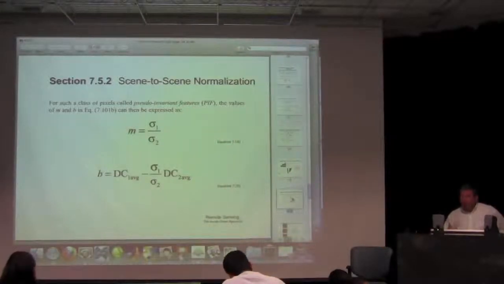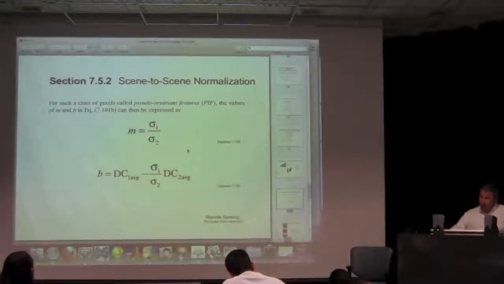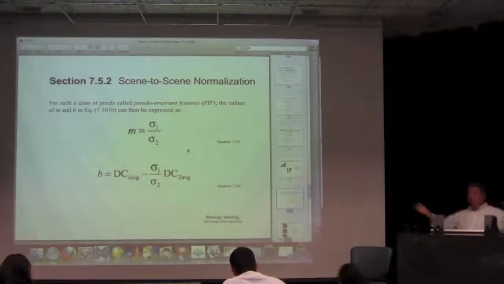But there's a big assumption that's made, right? The targets in your scene could change. If the targets in your scene change, what's going to happen to your histogram? Well, it's going to shift. It's going to change shape. Things are going to change there.